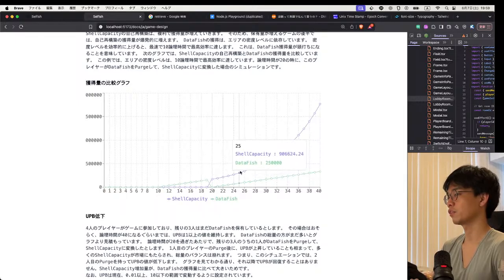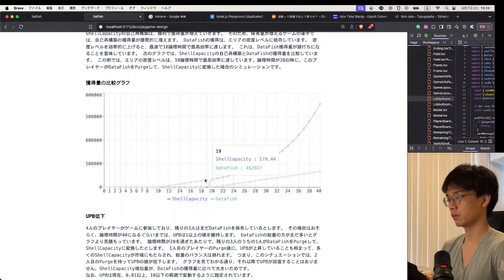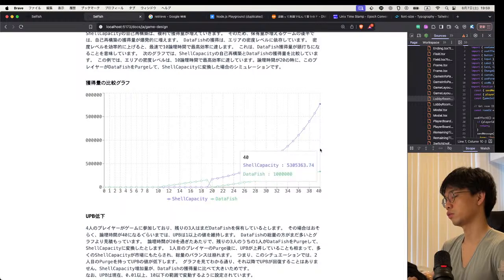The remaining 3 players have this amount of data fish, because it increases linearly. So there are 3 players who have data fish about this amount.